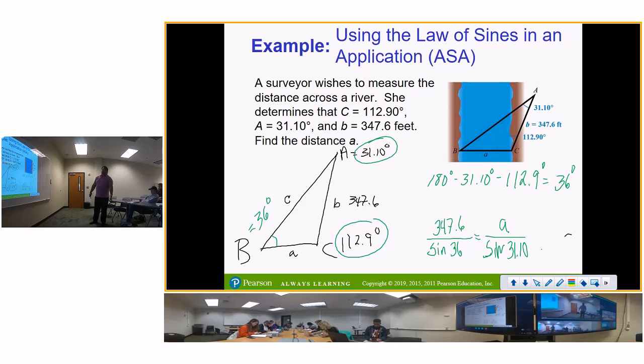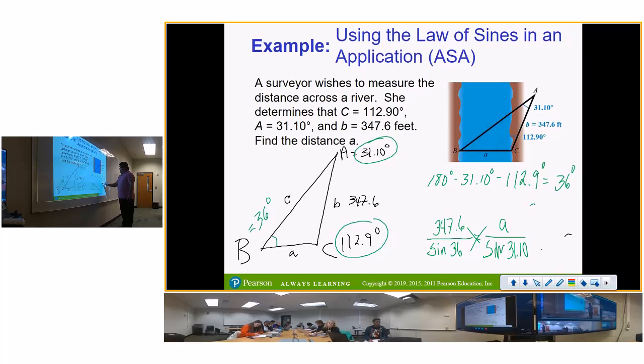I don't mean to insult your intelligence. The only people that I have a problem with is people that haven't never seen it before. And even to those, you're given everything you need to figure out the problem. And somebody take, that's going to be 347.6 times the sine of 31.10, and I'm going to divide by the sine of 36, and somebody give me what A is equal to.